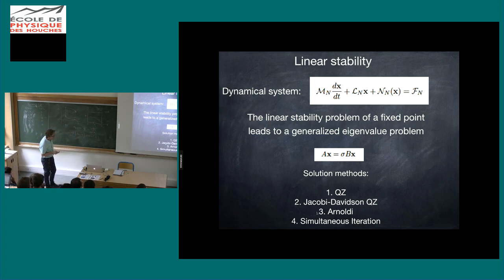And then there are some more sophisticated techniques which are suited for really high-dimensional systems. We mostly use Jacobi-Davidson QZ, which is really a targeted technique to find eigenvalues in a certain strip. And you only need 10 or so, and you can do it for, say, a million-dimensional problem. You can compute the 10 which you want very efficiently.